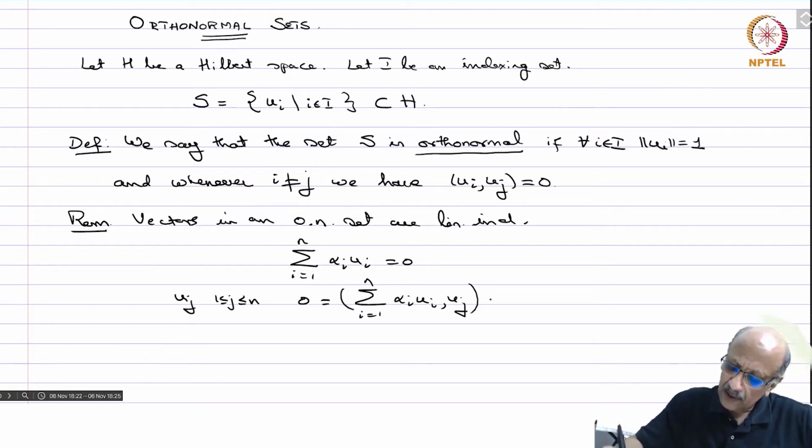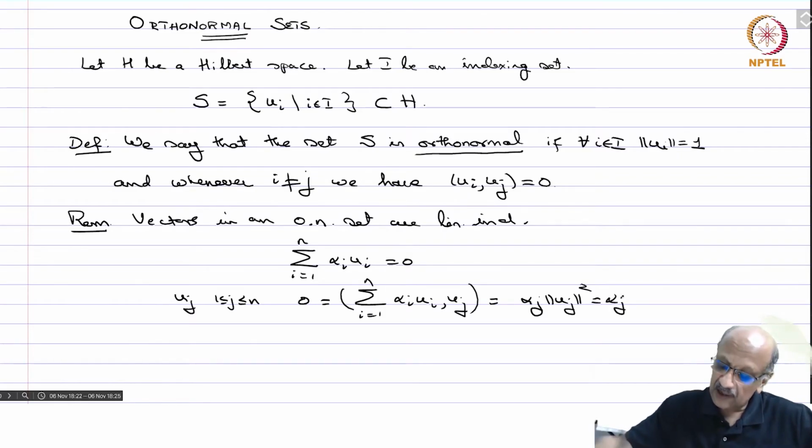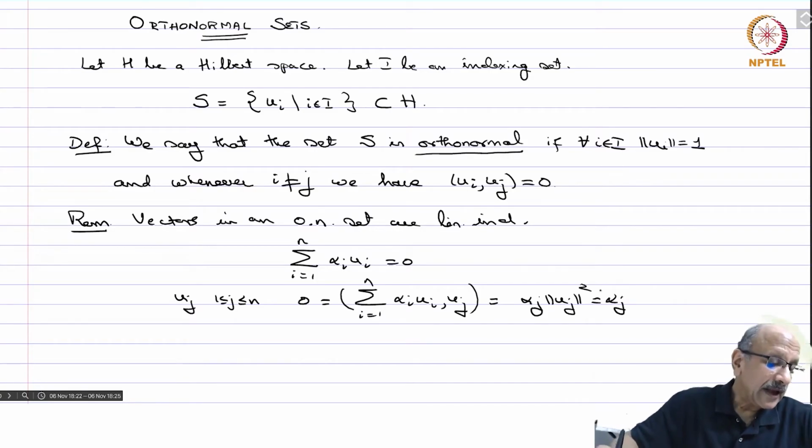So by linearity, this will be alpha i ui uj, and if i is not equal to j, it won't survive, and therefore this will be just alpha j norm uj square. That's the only term which will survive, which is alpha j. So each alpha j is 0, and therefore the vectors are linearly independent.